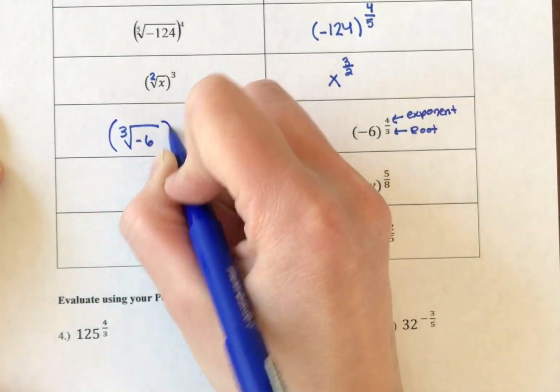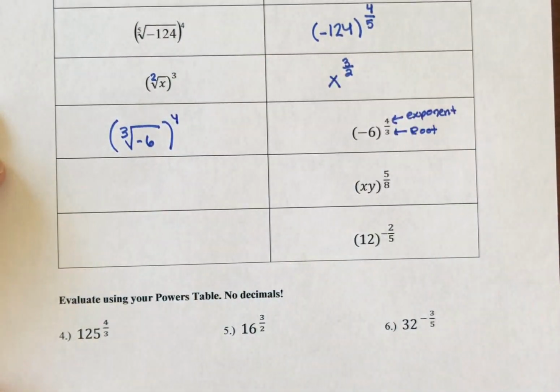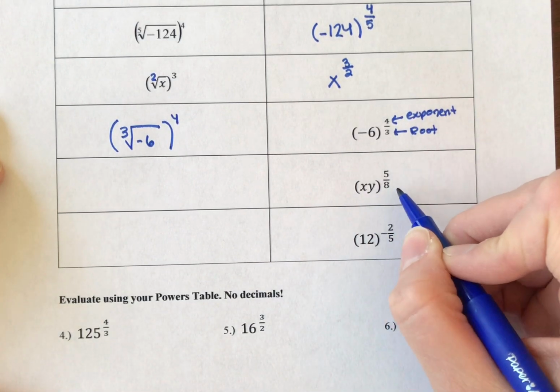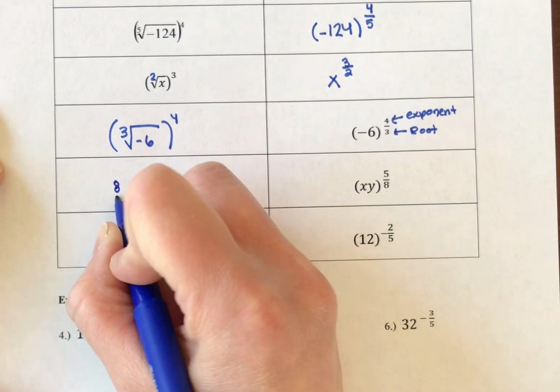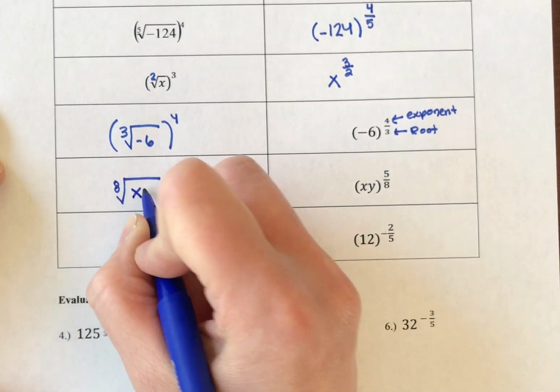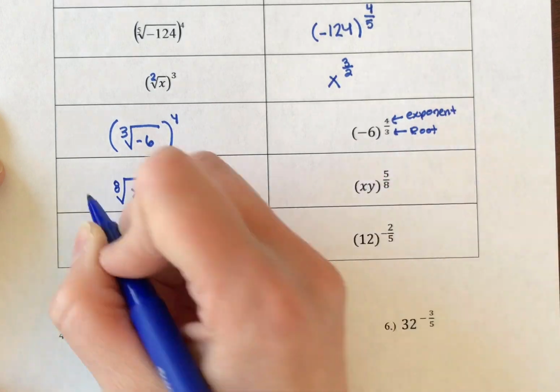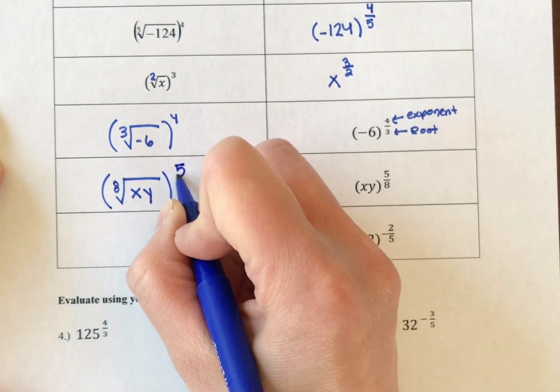So I would raise this all to the 4th power. Okay, xy to the 5/8. Again, 8 is the root, so I'm going to start by writing the 8th root of xy. The 5 at the numerator is the exponent, so this is all to the 5th power.